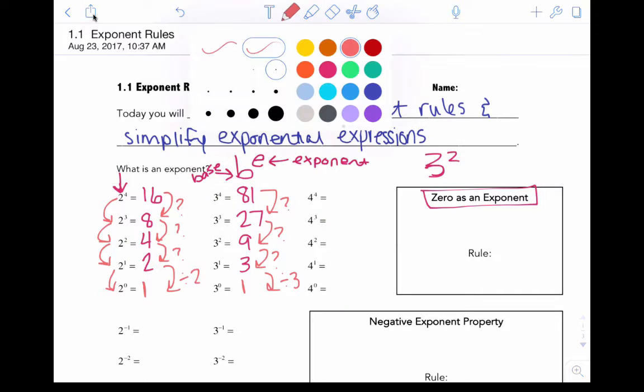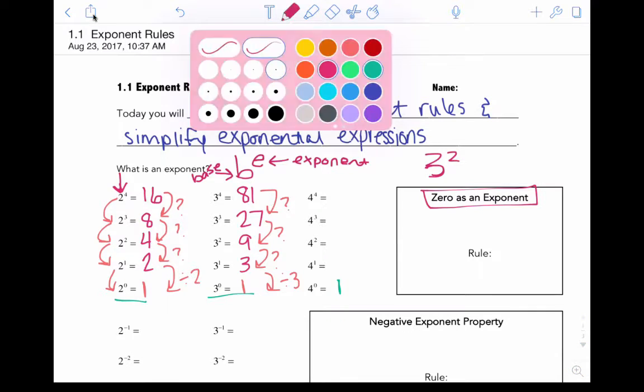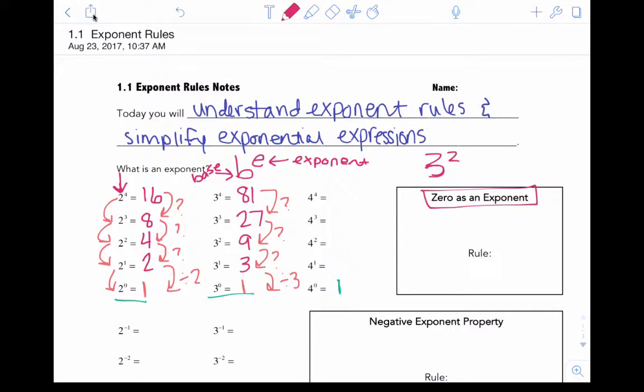So let's go ahead and take a guess of what 4 to the 0 power is going to be. If 2 to the 0 power is 1, 3 to the 0 power is 1, we can guess that 4 to the 0 power is also going to be 1. Well, let's go ahead and try it out just to make sure. I have 4 to the 4th power, which if I multiply it out, you end up getting 256. 4 to the 3rd is 64. 4 squared is 16. 4 to the 1st is 4.